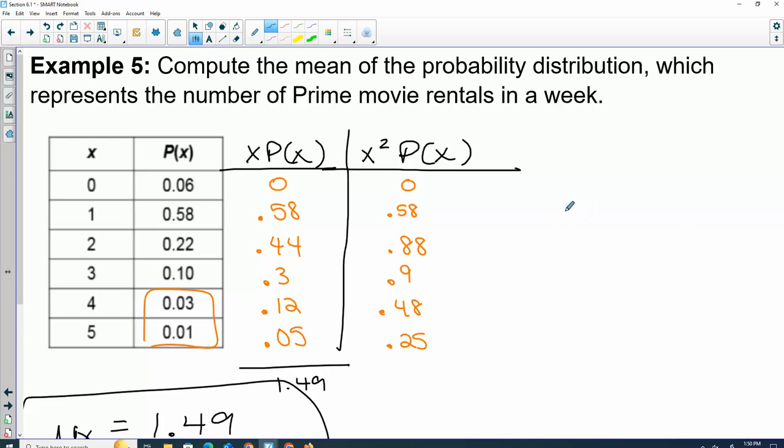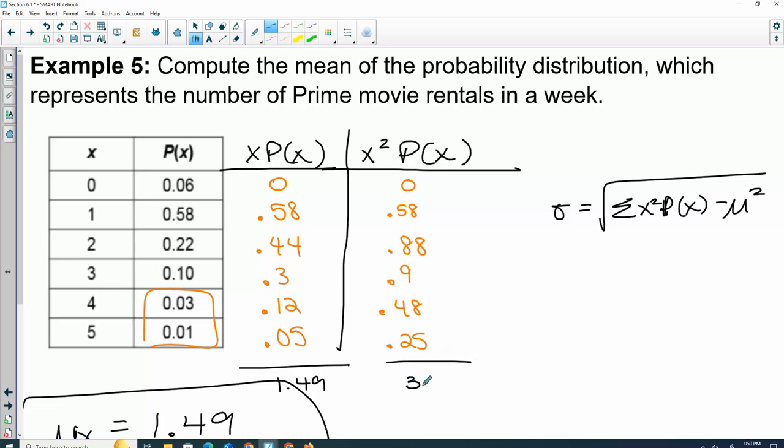So the standard deviation formula is the square root of the sum of x squared p of x's minus the mean squared. We have to add these numbers up. These add up to 3.09.